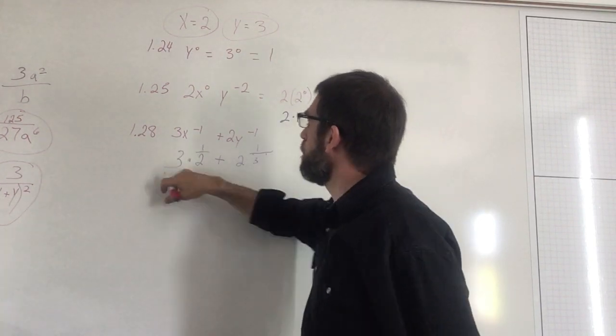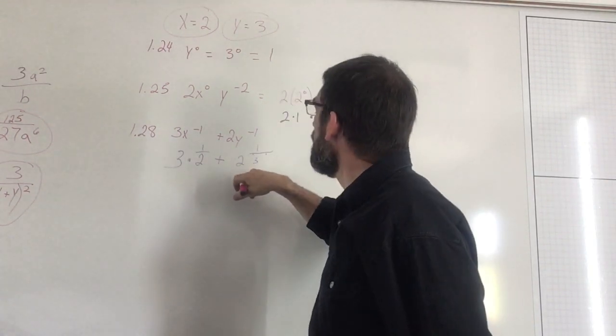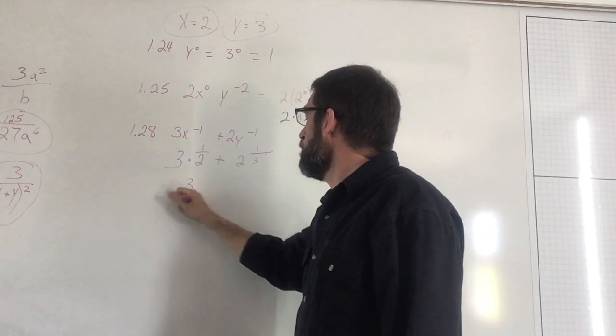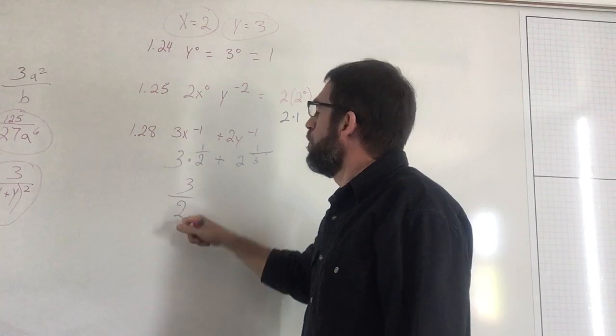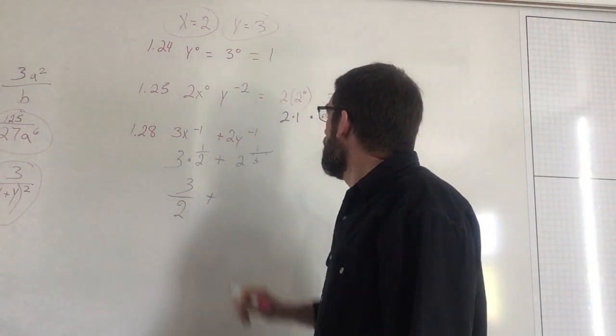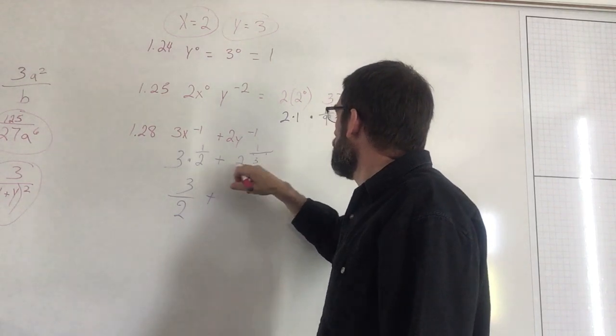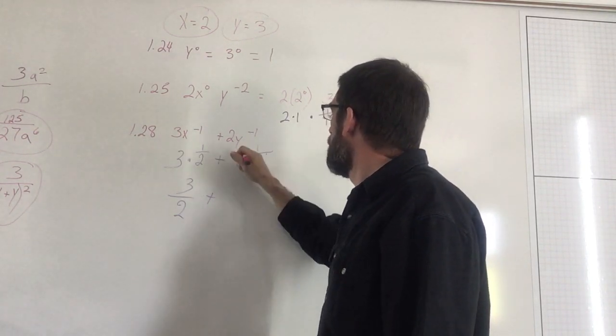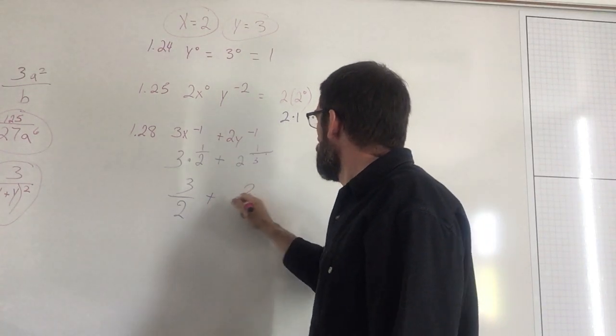Okay, so we got 3 times 1/2 plus 2 times 1/3. So we got 3 over 2, or you could say 1.5, it doesn't matter. I'm going to leave it like that. And then here we got 2/3. 2 over 3.